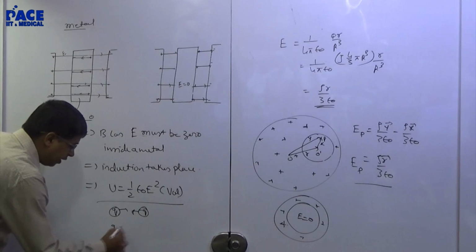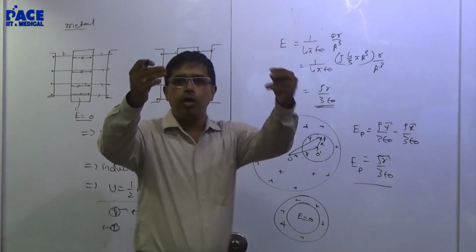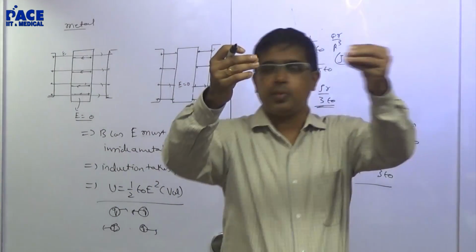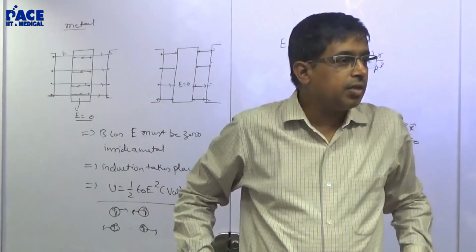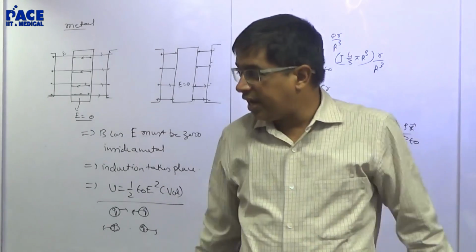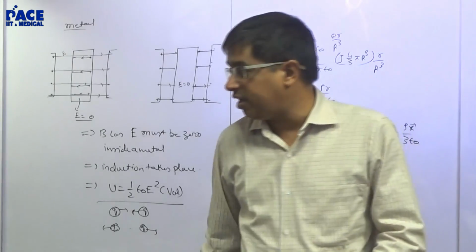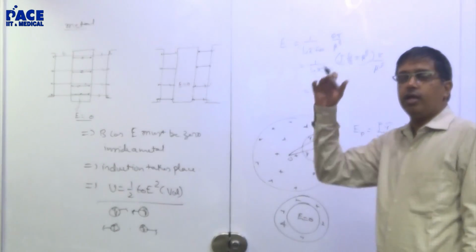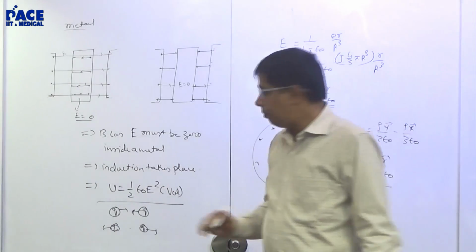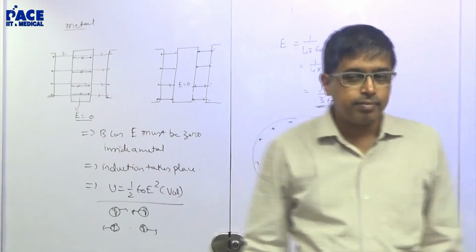If I have Q and Q, nature will repel both the charges to such an extent that the field here will become zero. Keep two charges in open space, they will be repelled to such an extent that the field here becomes zero. Unlike charges attract and like charges repel to make sure that the field is decreasing in that vicinity. So nature always attempts to make the field zero, minimum, because nature prefers the least potential energy state.